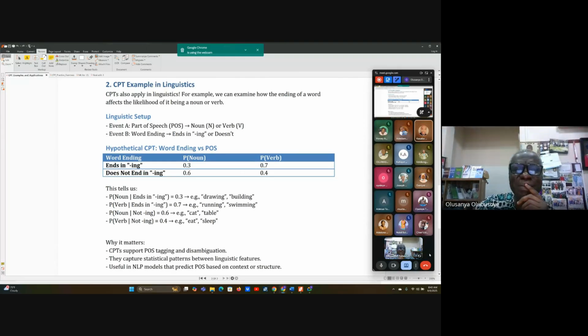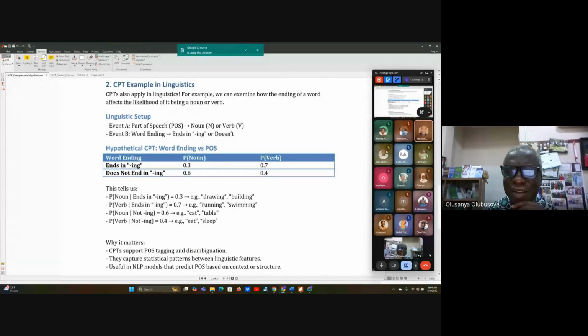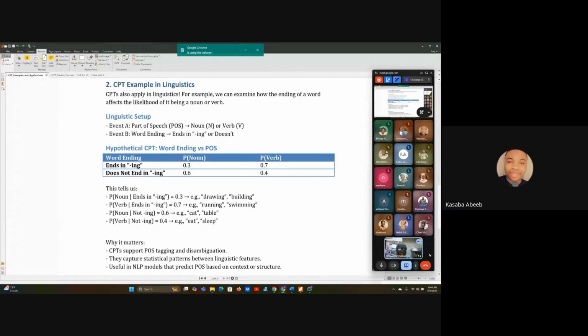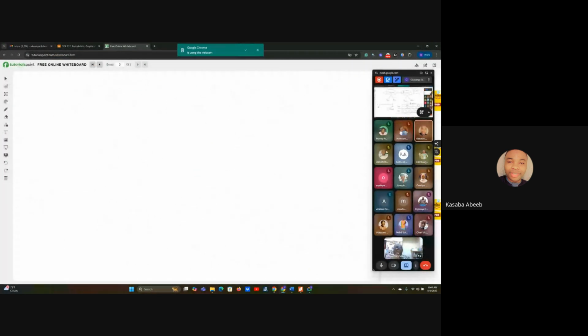I believe there are some words that can function as verbs, and normally when we add ing to a verb, in most cases it is a verb, but in some cases those verbs can function as nouns, as in the case of gerunds. Those are verbs that end with ing, but they function as nouns.